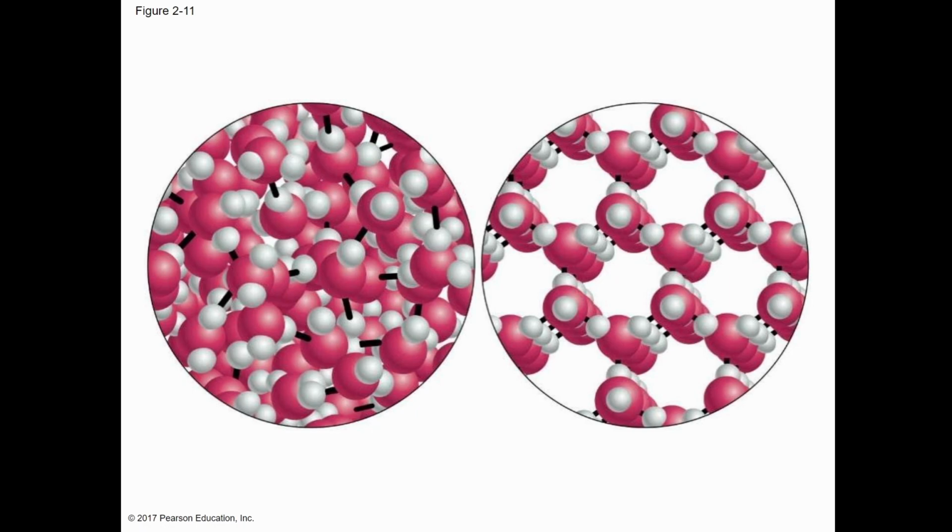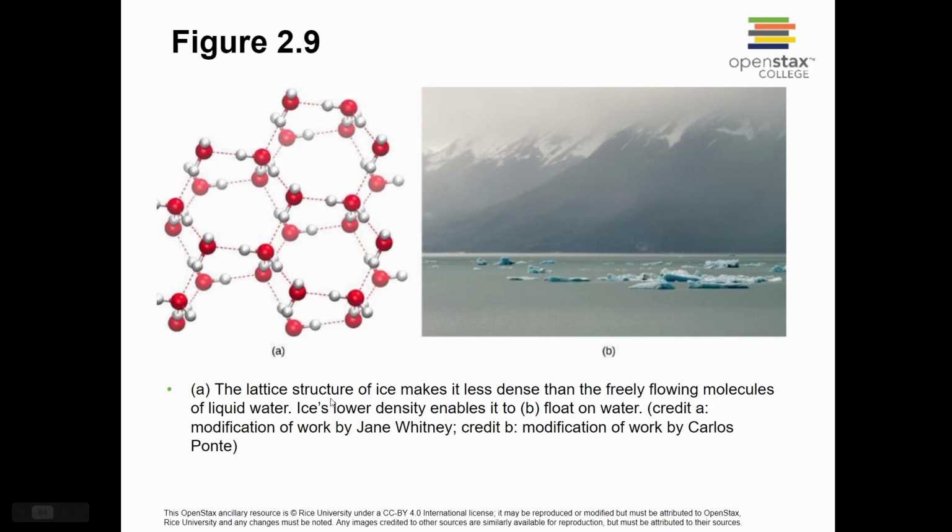On the right again is the solid form of water. And so it makes sense that the right picture is less dense or less crowded as the solid or ice form of water compared to the left, which is liquid. Here's just a better view of that lattice structure that makes solid water or ice less dense than the freely flowing molecules of liquid water.